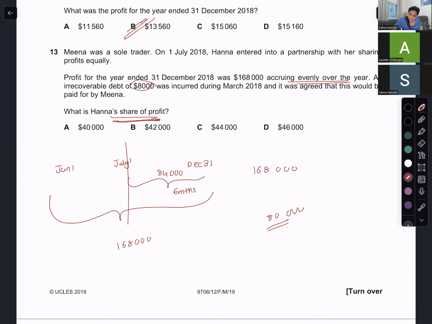But in which year did the irrecoverable debt happen? March. So it happened before Hannah came. So 168,000 minus 8,000 becomes 160,000.